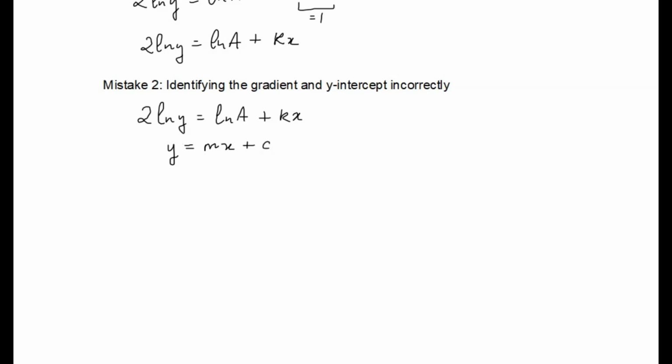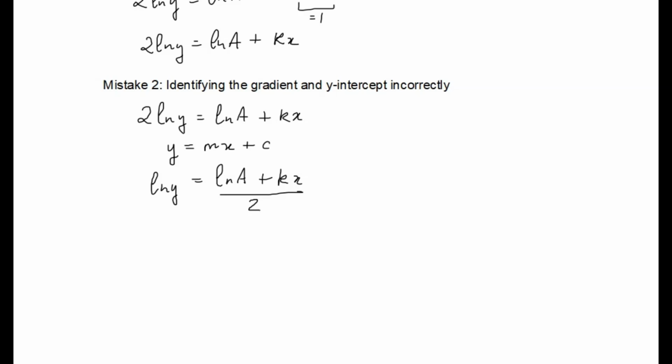Now the equation that we have involves a log y and an x. So we need to make it look kind of like y is equal to mx plus c. So since the y is not alone, it is log y, we write it as log y is equal to log a plus kx, and taking the 2 over to the other side, it becomes a divisor.